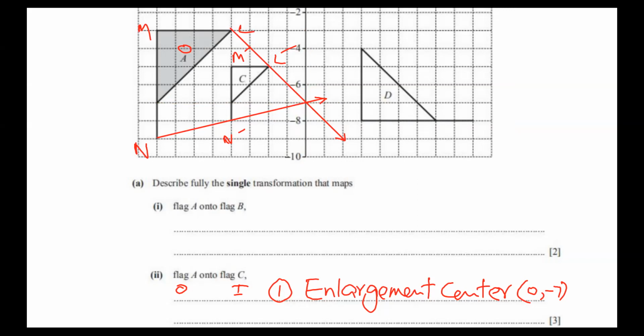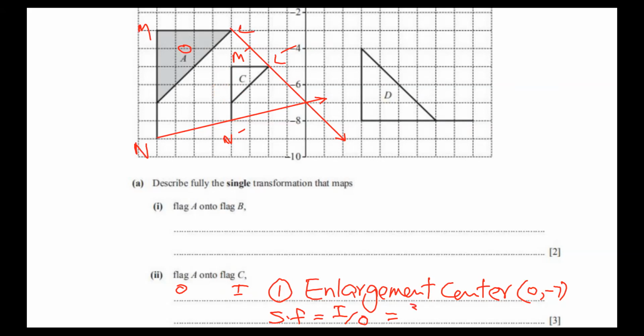Okay. So now I'm going for the scale factor. And what is the formula for scale factor? All of you know, image size by the object size, I by O. Okay. So let's find it. What is the image? You know, C flag. So C flag is here. You can see that it is 3 boxes here. I can show you again, 1, 2, 3 boxes.